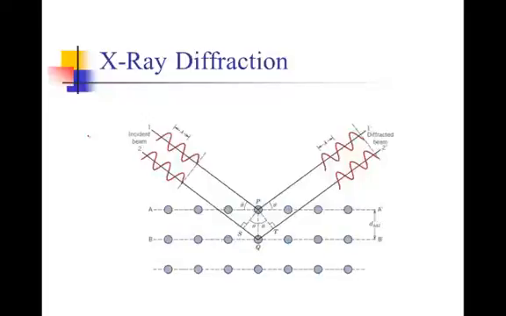And the way X-ray diffraction works is that we bounce X-rays off of the surface of the material. And these atoms are arranged in crystal planes down here. Okay, so some of the X-rays bounce off of the top plane, some miss the top plane and bounce off of the next plane.